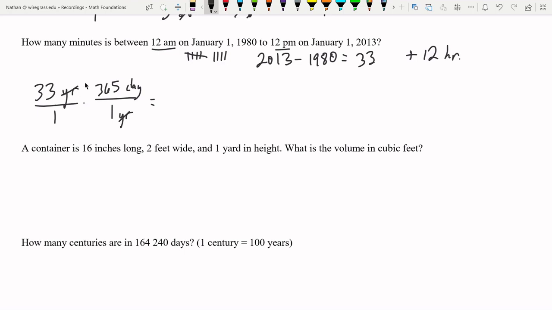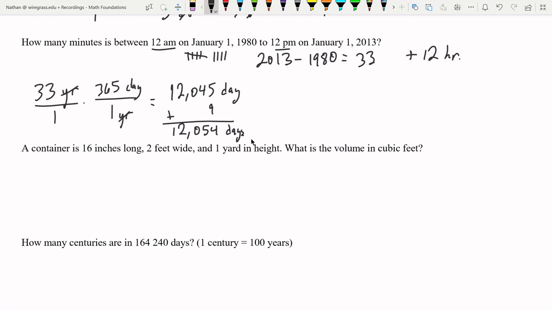We're left with days. 33 times 365 is 12,045 days in 33 years. Now we're going to add on an additional 9 days to this. So I'm going to add on 9 days to this, and that's going to give me 12,054 days.